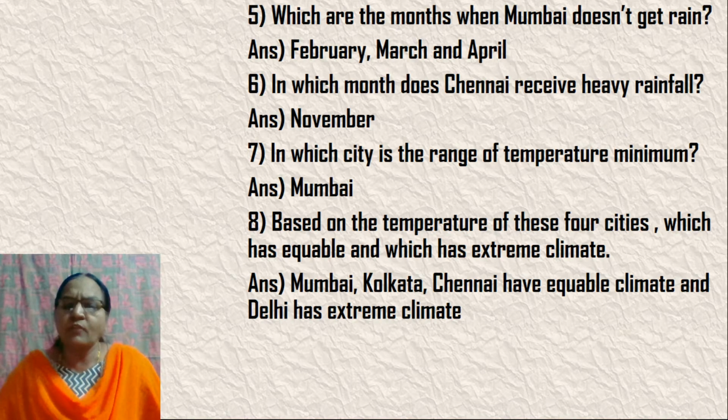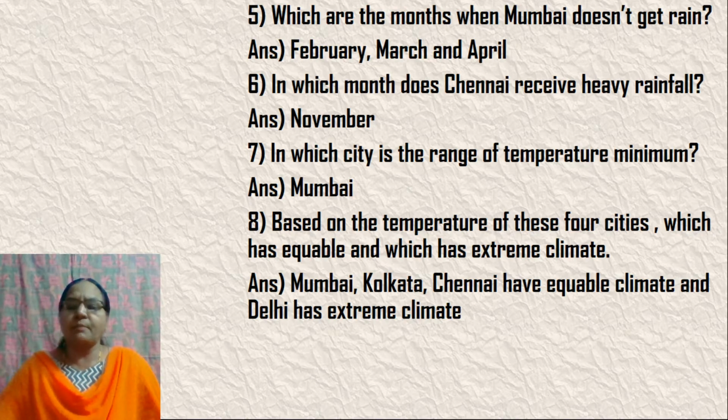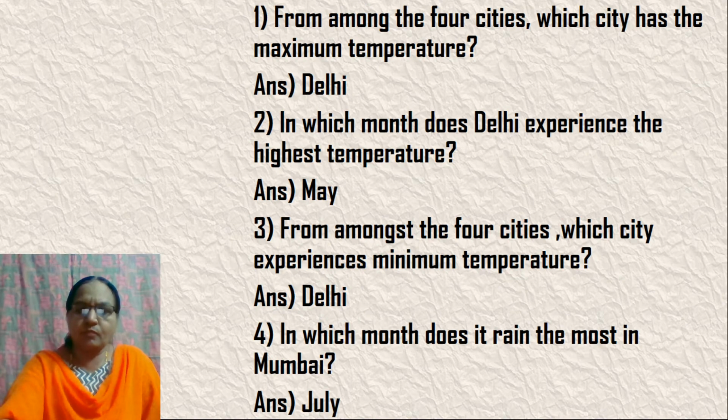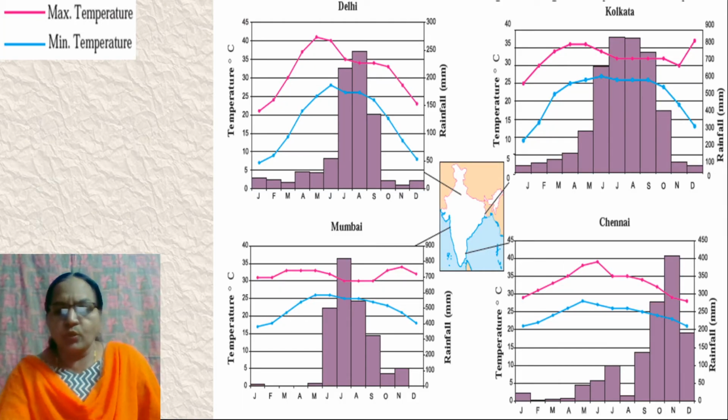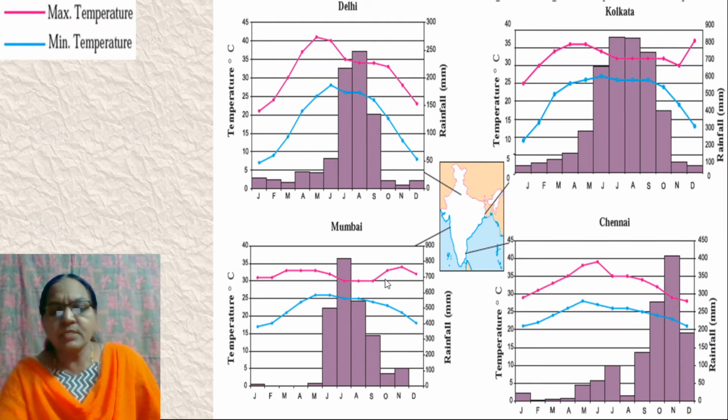It is in the month of November. In which city is the range of temperature minimum? So look at this. Minimum you'll find is here in Mumbai. Compared to that, see, Chennai also. So the range of temperature is comparatively minimum in Mumbai.